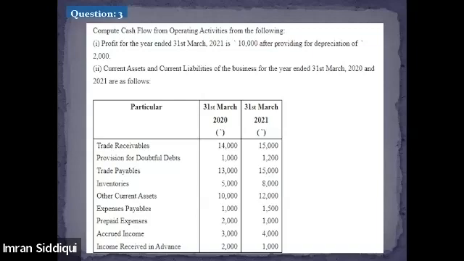Trade receivable, provision for doubtful debt, trade payable, inventories, other current asset, expenses payable, prepaid expenses, accrued income, income received in advance. All of these are either current liability or current asset. Depending upon whether the current assets or liabilities are increasing or decreasing, we need to ensure whether we have to add the amount or subtract it.